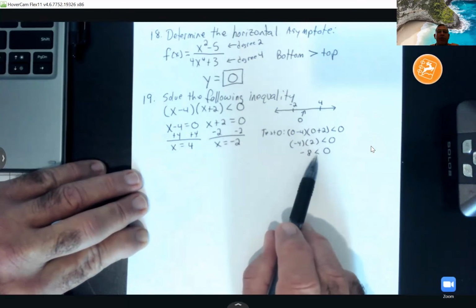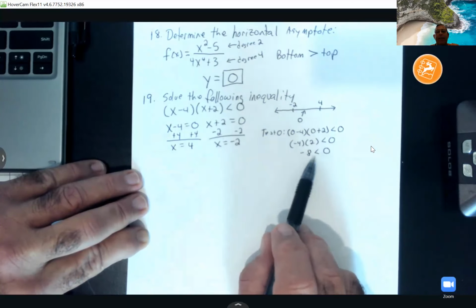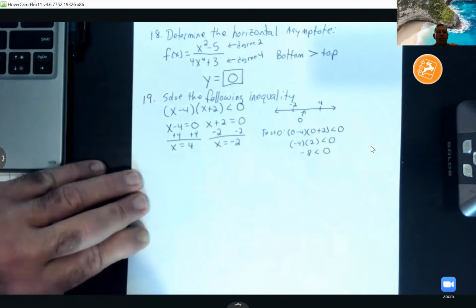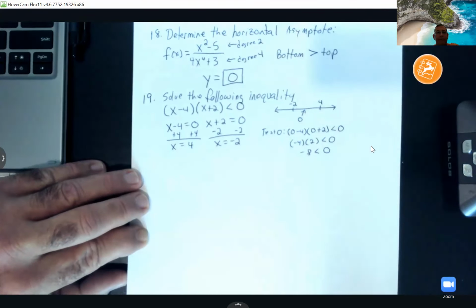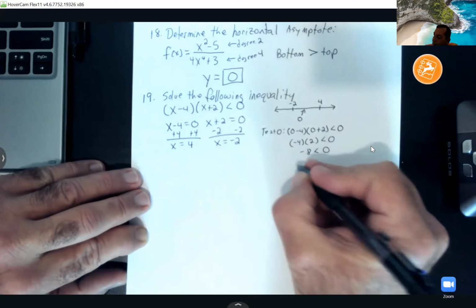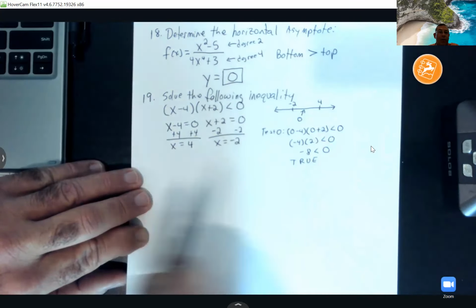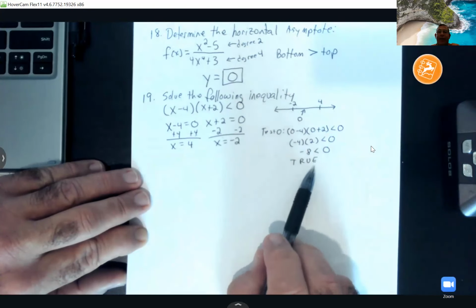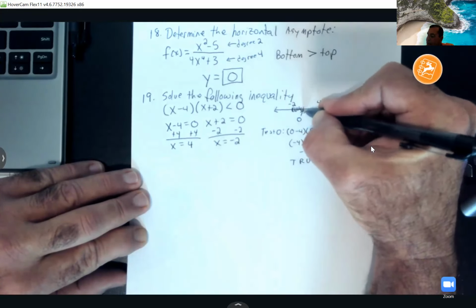Is negative 8 less than 0 true or false? It is definitely true. Good job. So since that's true, we would shade that section in the middle.